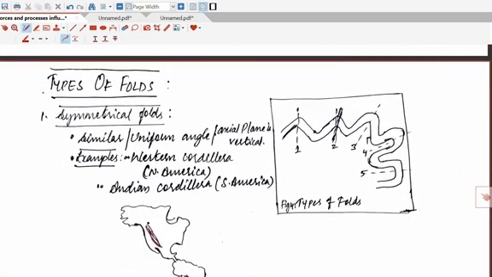Next, we'll discuss types of folds. Folds are generally classified into different kinds, and we'll discuss some major kinds of folds here. I think we have discussed the symmetrical fold in the earlier part. Now it will be easy for you to understand. Uniform angle, axial plane is vertical.